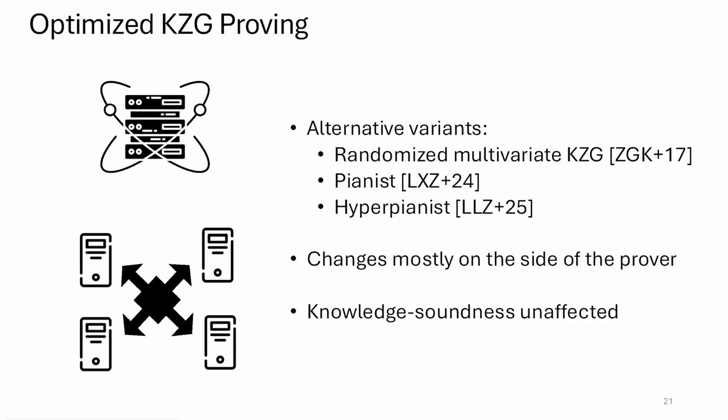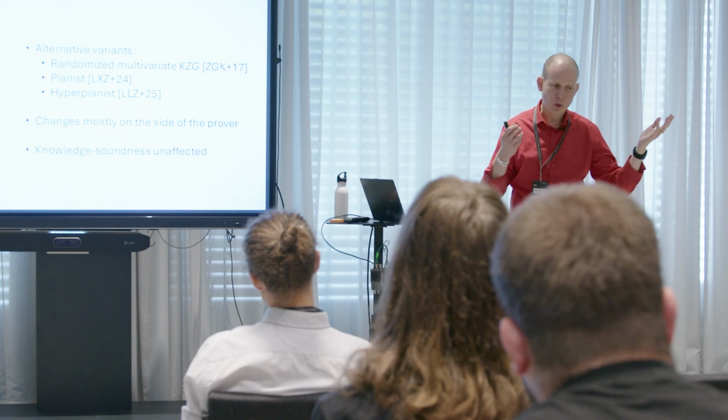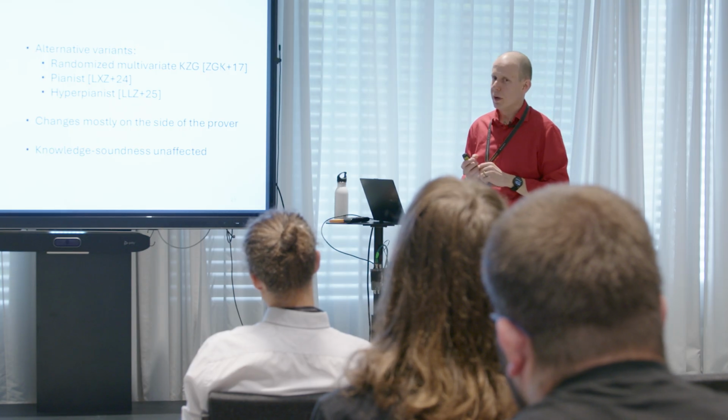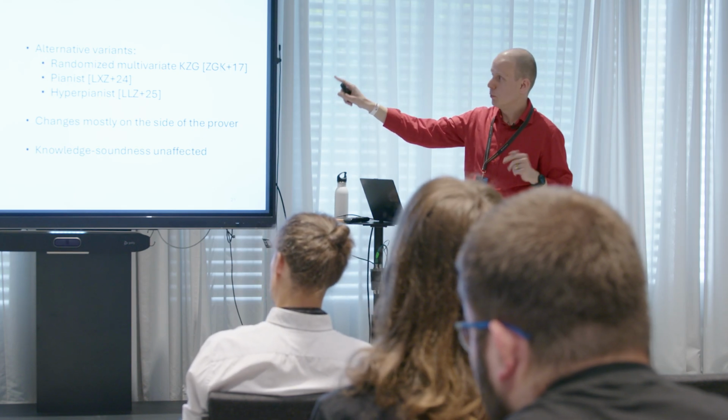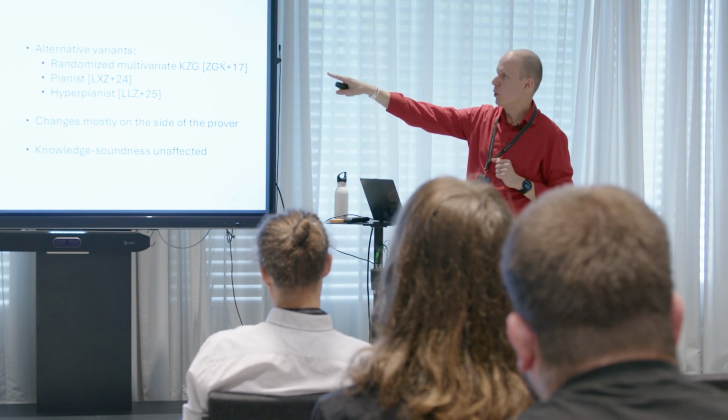The nice thing is that, for free, you prove knowledge soundness of very many variants of multivariate KZG. Multivariate KZG is interesting for HyperPlonk, interesting for Spartan, but what people face in reality, apparently, I wouldn't know, is that they have these monolithic provers.